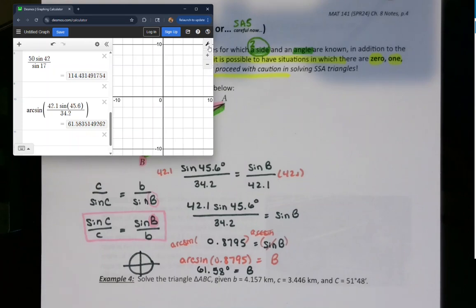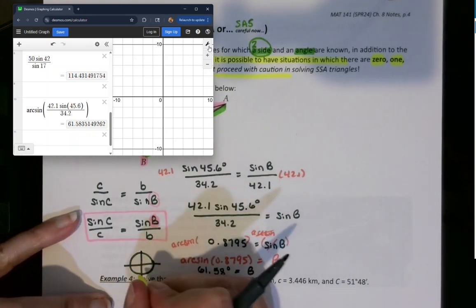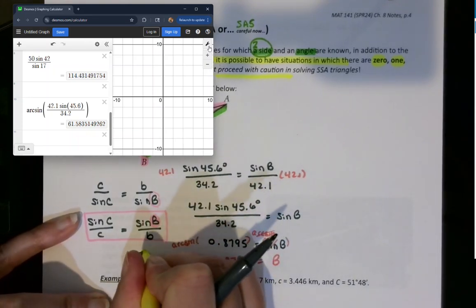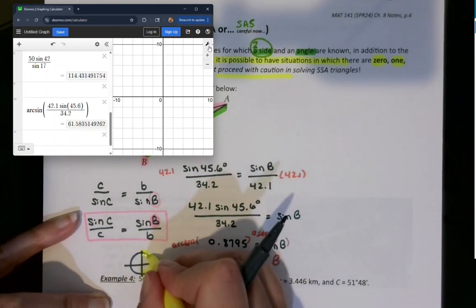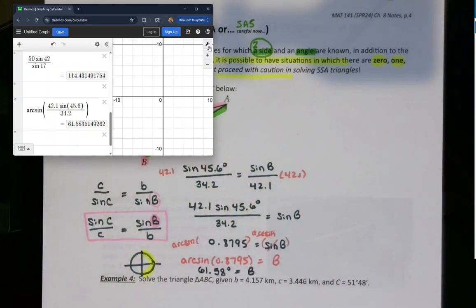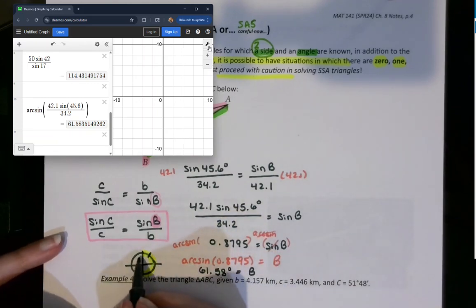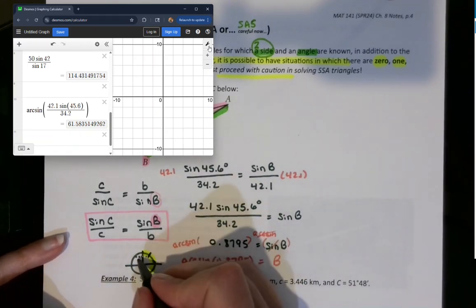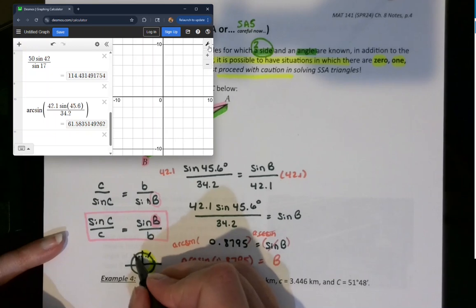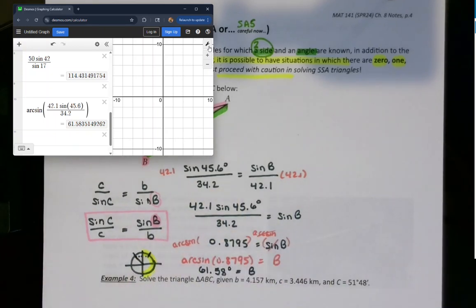I also need to keep in mind that when I solve an arc sine function, the range, the outputs of the arc sine function, are going to be strictly in quadrants 1 and 4. So the angle that I got right here has a matching answer over here in quadrant 2. So I also need to go ahead and find that angle.